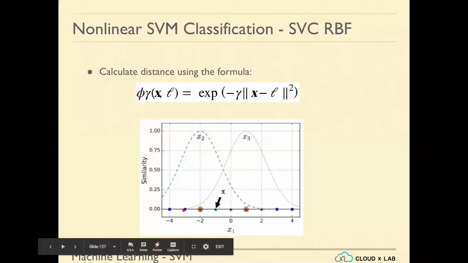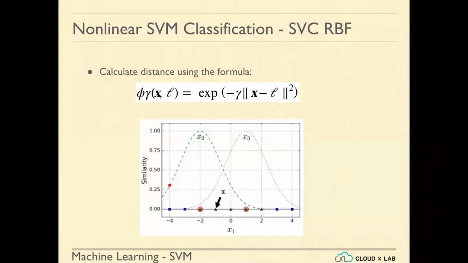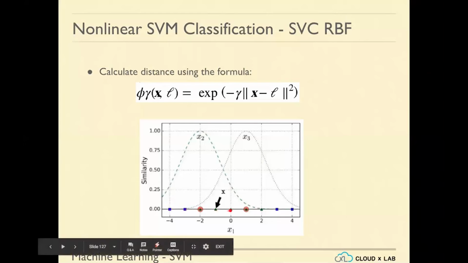This is a little away from it, so its similarity is a little lower. This point and this point are both equally away from the landmark, therefore both values are 0.75. Then this one is around 0.3 probably, and in a similar way, this is also going to be 0.3.